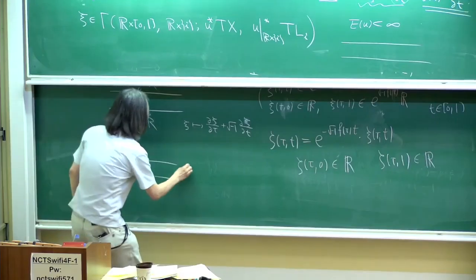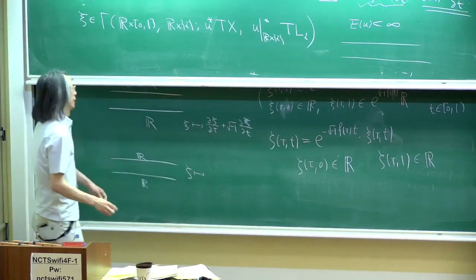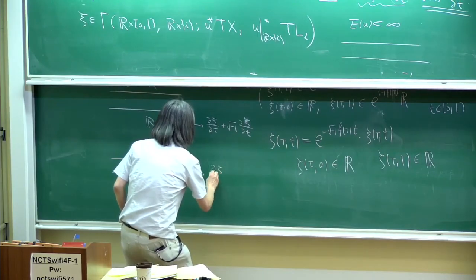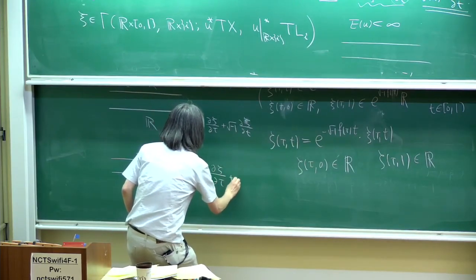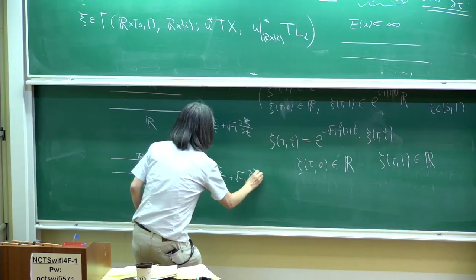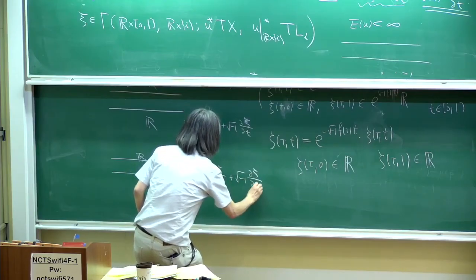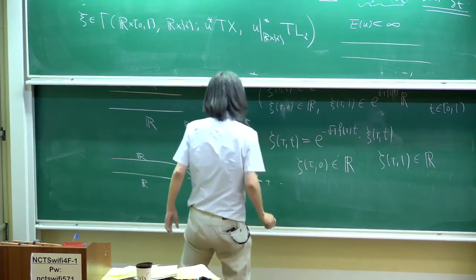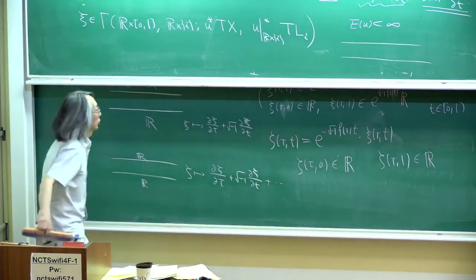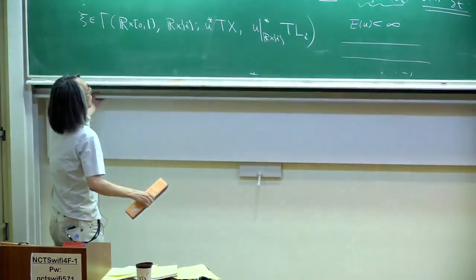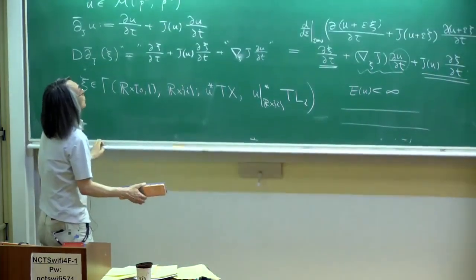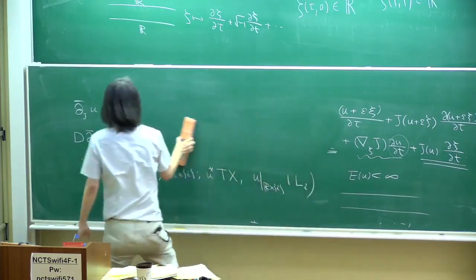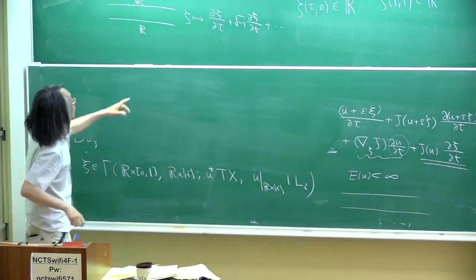And how about theta here? And then actually I have to compute, plus something. So I just want to show the computation here. Then you can see how things change.